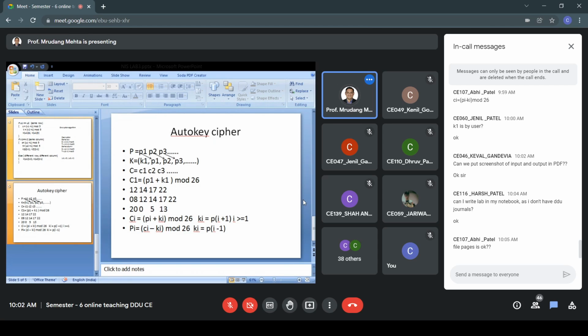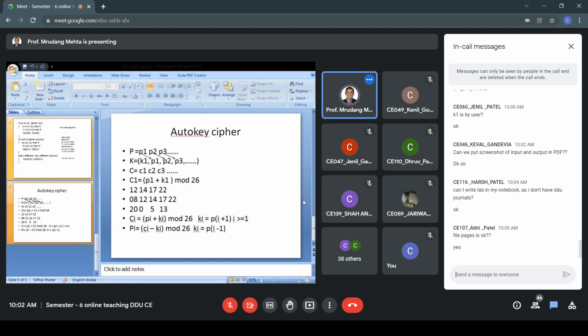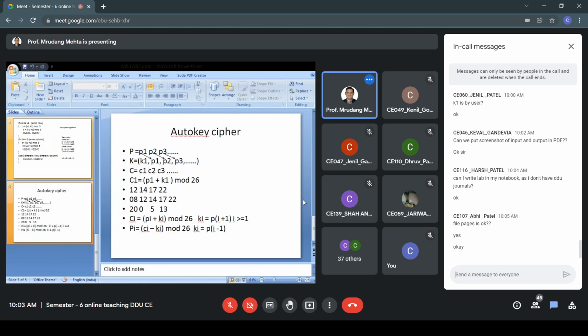Five pages is okay. Loose pages are available in stationery markets near you. Those can be taken along with one file, and it will be your journal. If you don't have a DDU journal, then this could be the solution. I hope there is no problem in doing this. It is not even a very expensive solution.